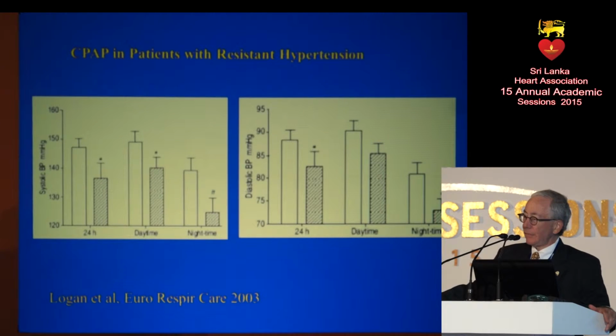And if you give these patients CPAP, what one can see are substantial reductions in blood pressure, and that's shown here. The panel on your left is the systolic, the panel on your right is the diastolic. But look at the consistent improvements in 24-hour blood pressure, especially at night. Look at the differences here. It's dramatic. So you really need to be considerate of this.